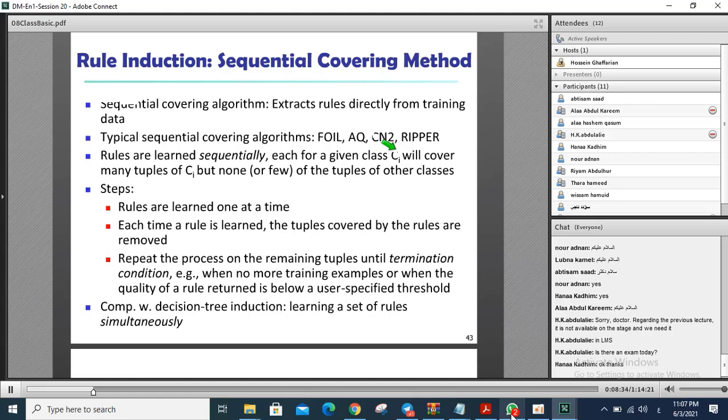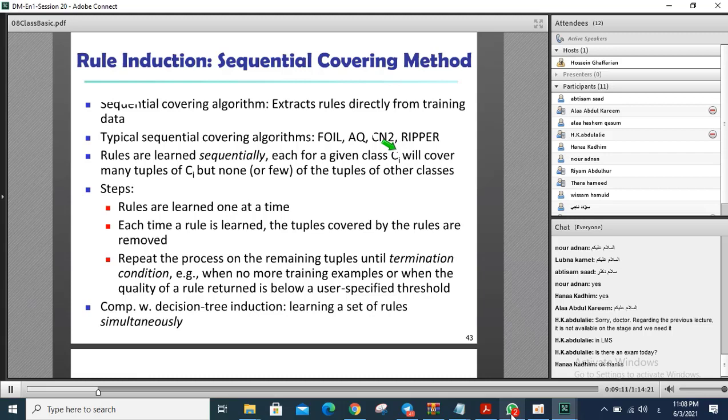We repeat the process until termination conditions are met. For example, we repeat the process until all examples in the training set are removed from the list. When the training list becomes empty, I can terminate the learning process.